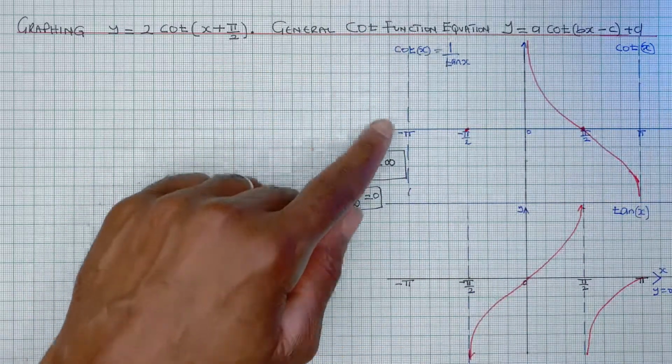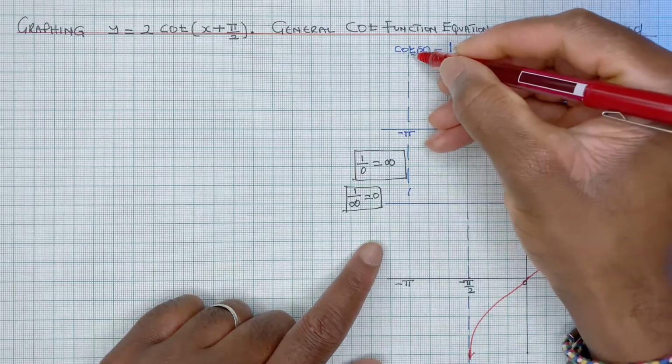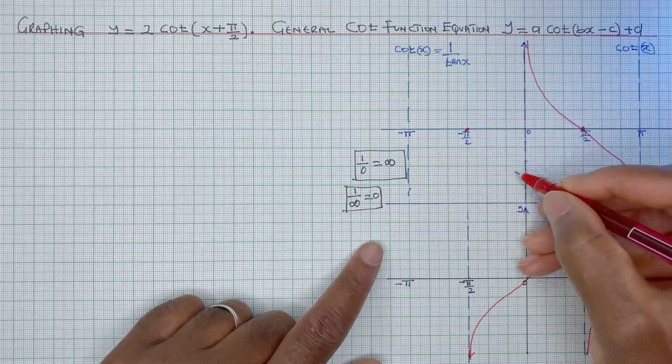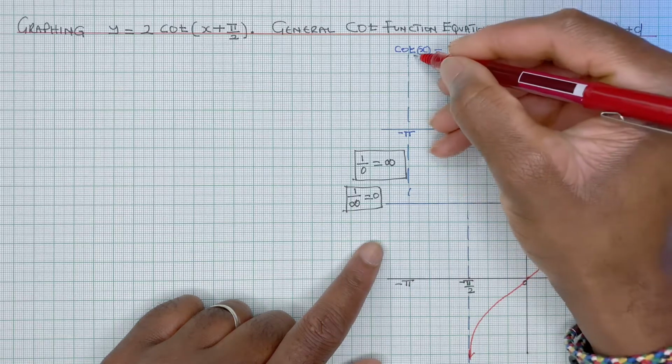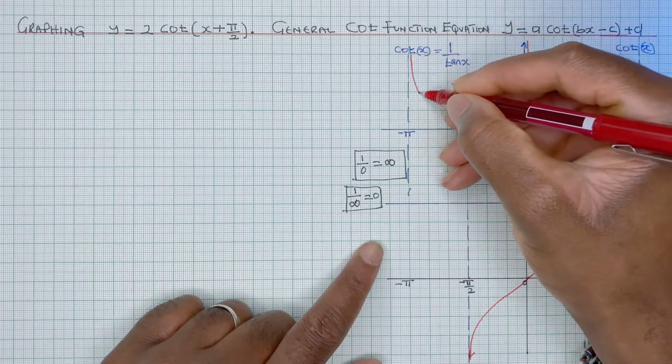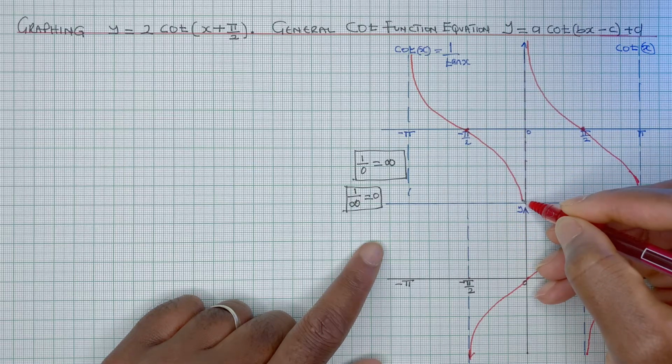So the curve is coming from here, crossing there, and approaching 0 here.